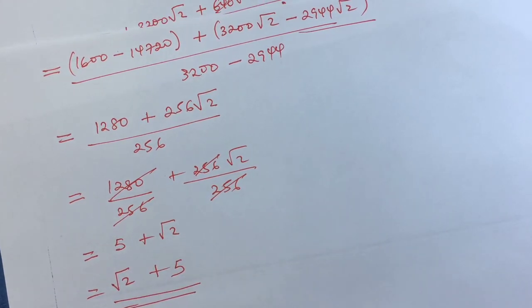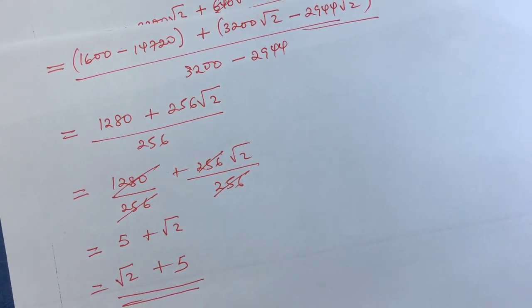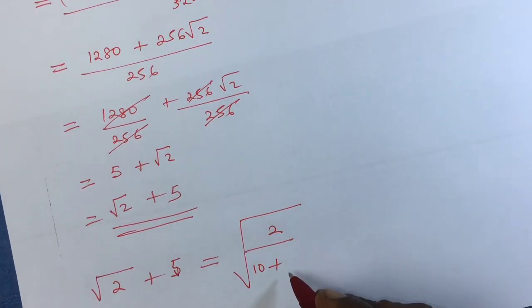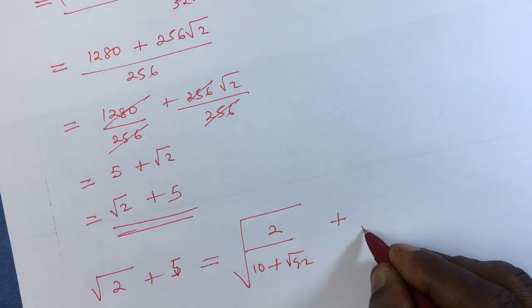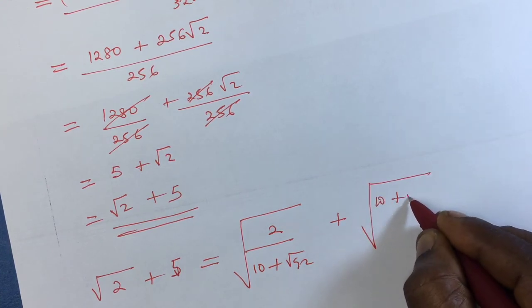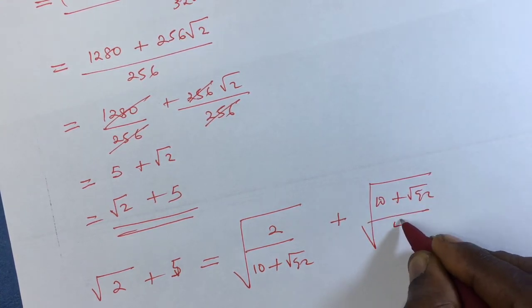Clearly, this shows that the square root of 2 plus 5 is indeed what we had, 2 over 10 plus root 92 plus 10 plus root 92 all over 4.